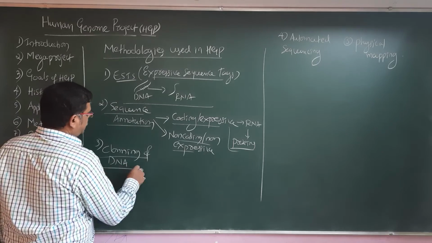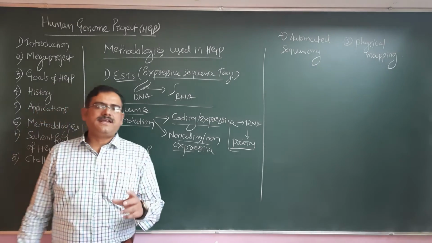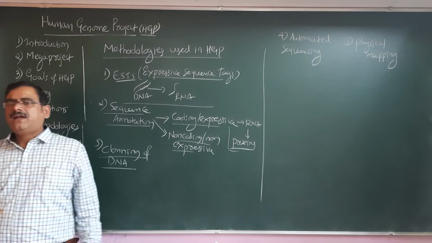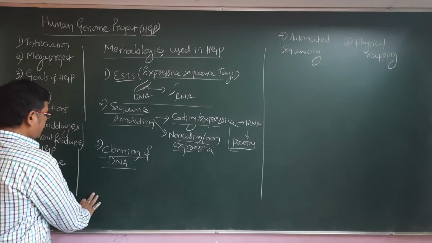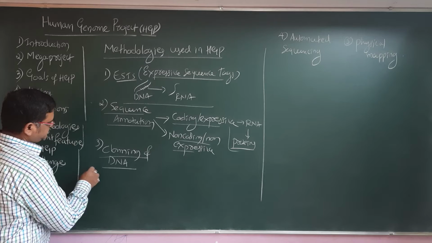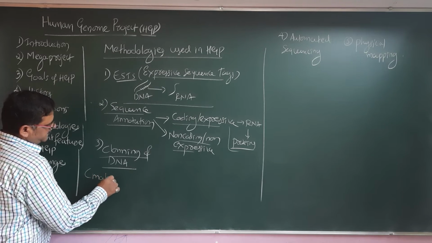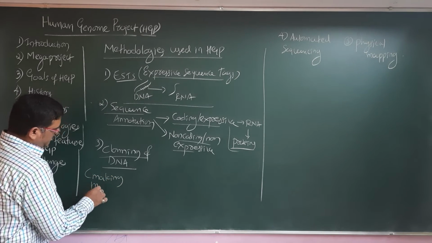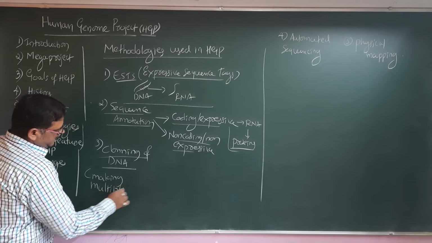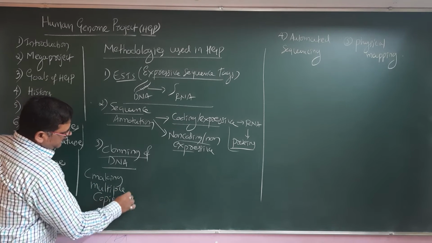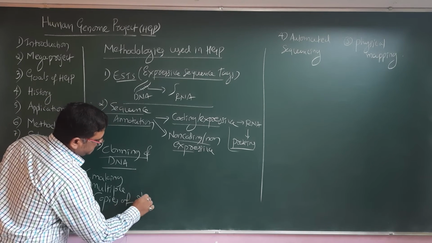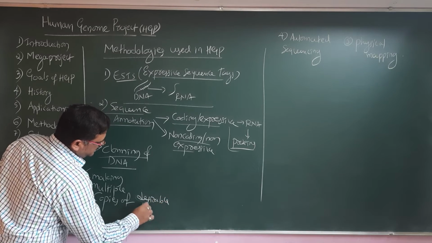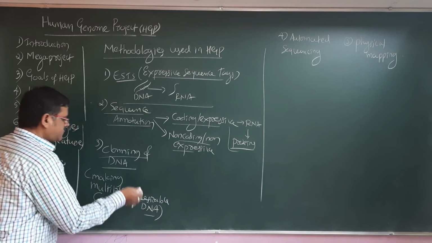Then cloning of the DNA. When you isolate a DNA from a huge mass of DNA, and that DNA is very useful for you, and you want to go with a detailed study of that small fragment of DNA, it is making multiple copies of the desirable DNA. This is what we call cloning.